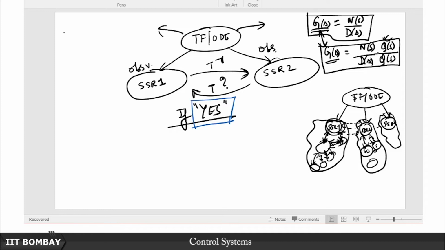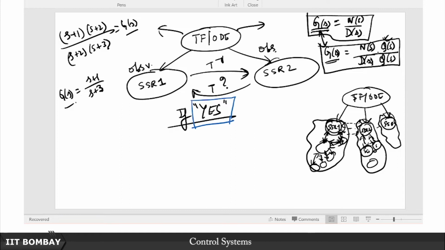Let me give an example. Suppose the transfer function is (s plus 1)(s plus 2) upon (s plus 2)(s plus 3). If this is the form of the transfer function that I am realizing and you are realizing the transfer function (s plus 1) upon (s plus 3), you might argue that after all this G1 and this G2 are the same, so G1 is equal to G2.